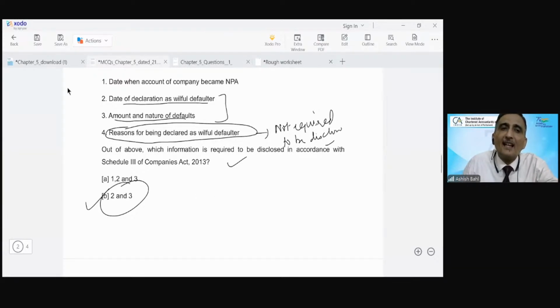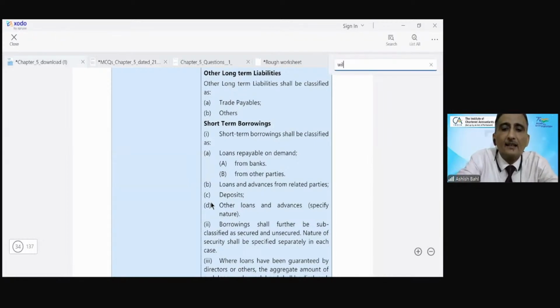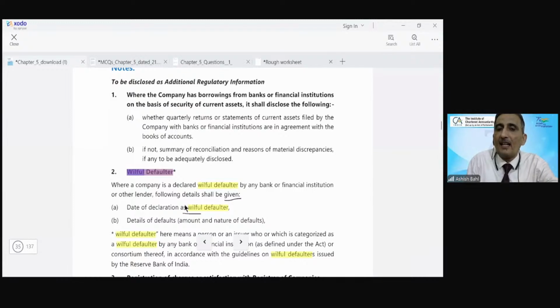So if you see the requirements of Schedule 3, only this much is there. Now look at this. Willful defaulter. Where a company is declared a willful defaulter by any bank, the following details shall be given: date of declaration as willful defaulter, and details of defaults, amount and nature of defaults, and nothing else.